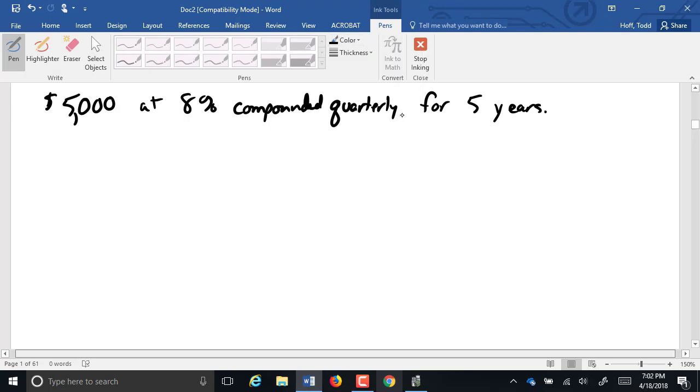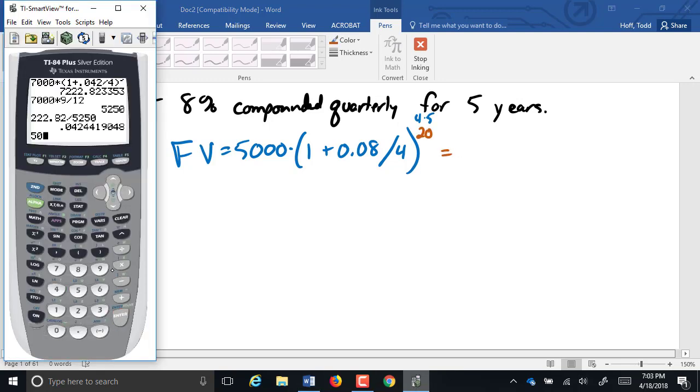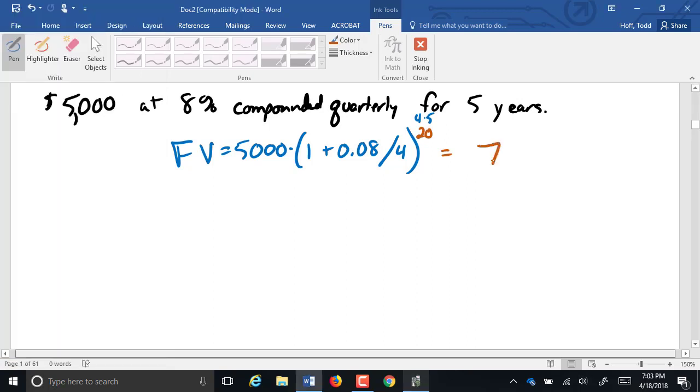Using our formula, that future value is going to be 5,000 times 1 plus 0.08 divided by 4 because it's quarterly, the power of 4 times 5, or 20. Giving us a future value of 7,429.74.